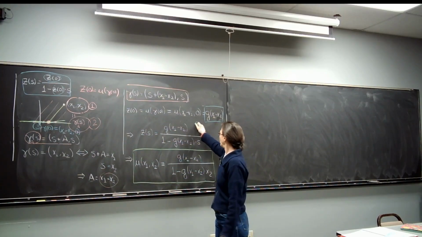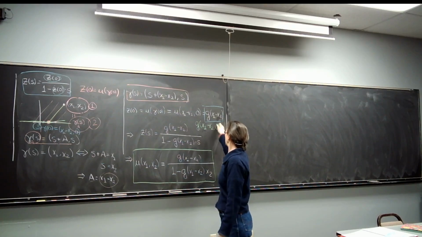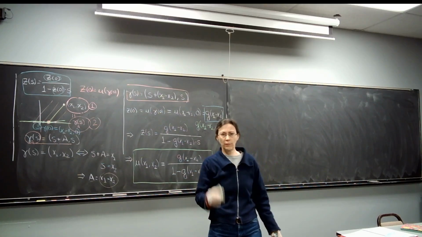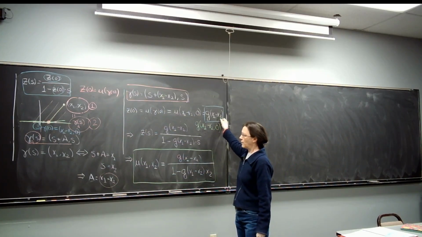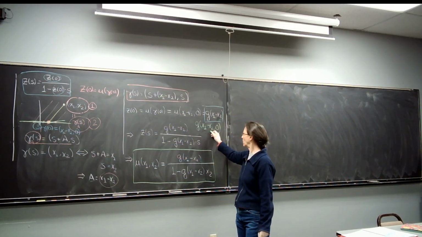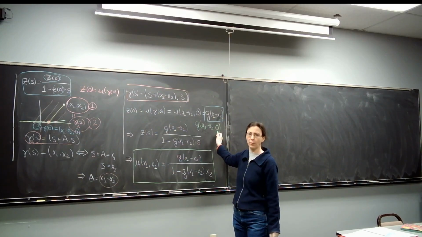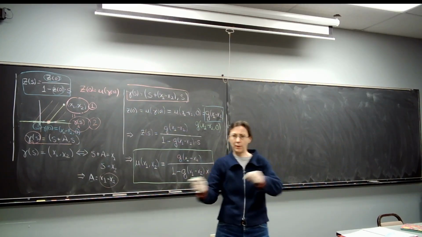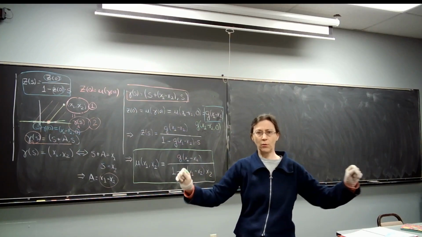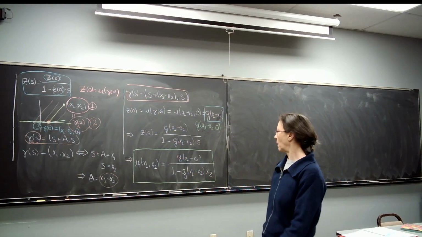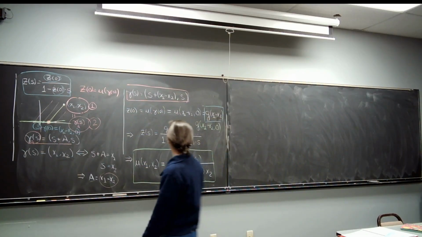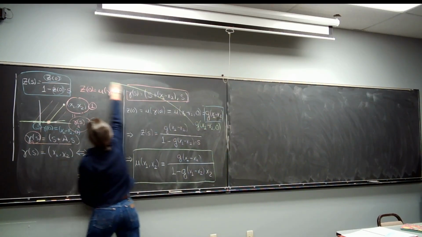There would be nothing wrong in viewing g as a function of two variables and writing g of x1 minus x2 comma 0. I'm thinking of g as a function only given on the horizontal axis.